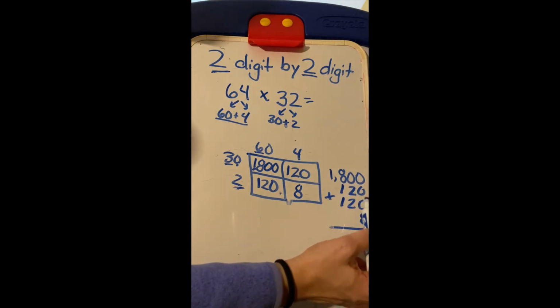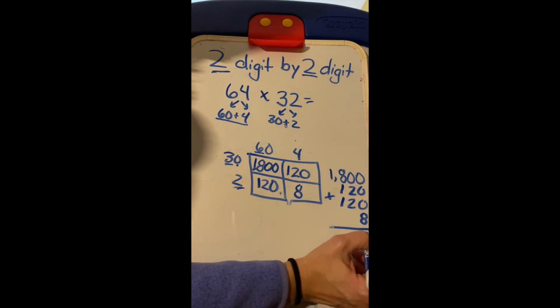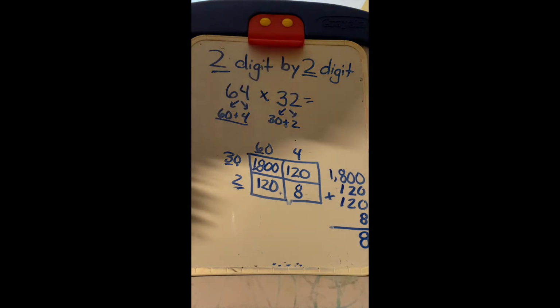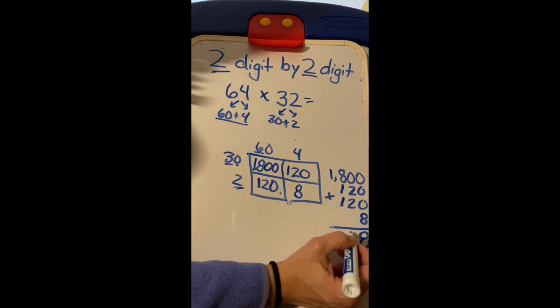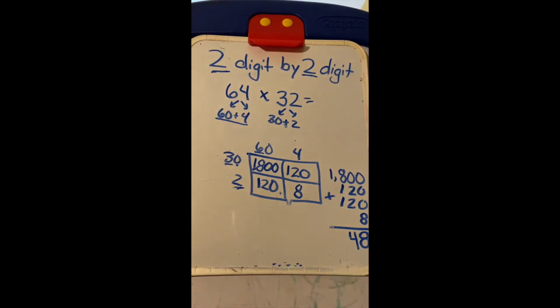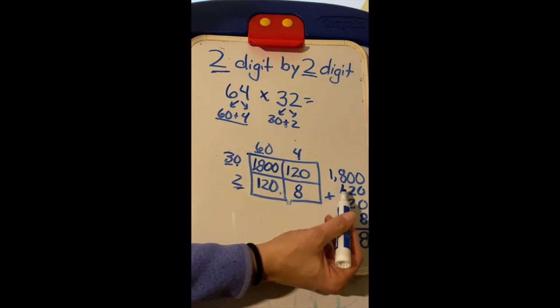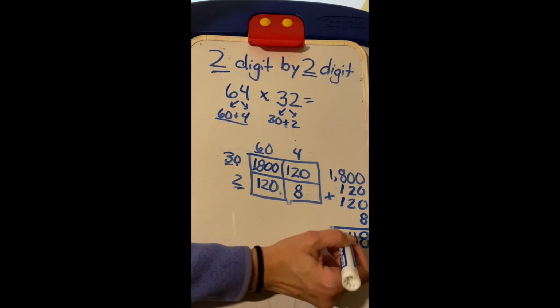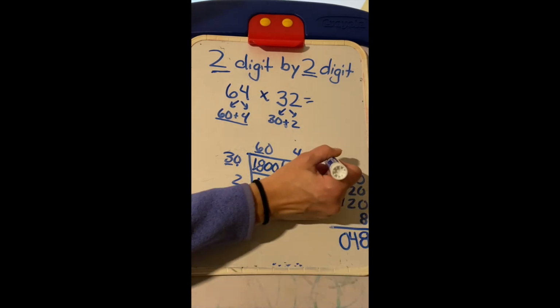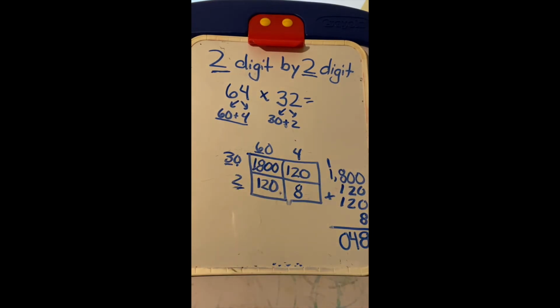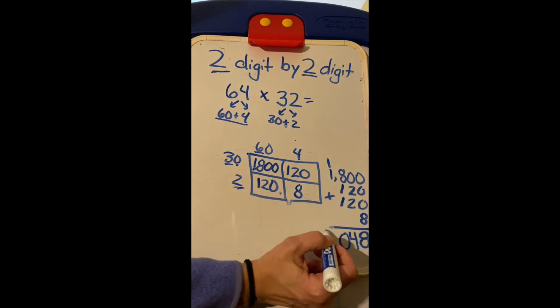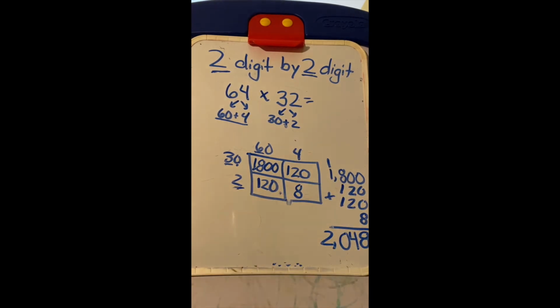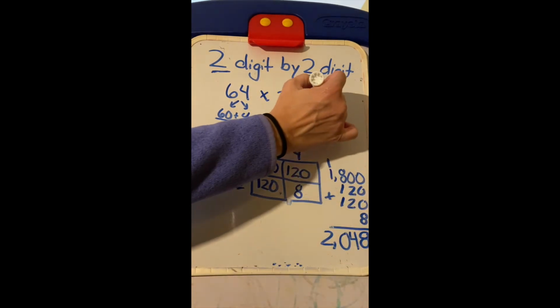So 0 plus 0 plus 0 plus 8, that gives me 8. 0 plus 2 plus 2, that gives me 4. 8 plus 1 plus 1, 8, 9, 10. So I'm going to drop my 0 and carry my 1 over. And then 1 plus 1, that is now 2. So my final product is 2,048.